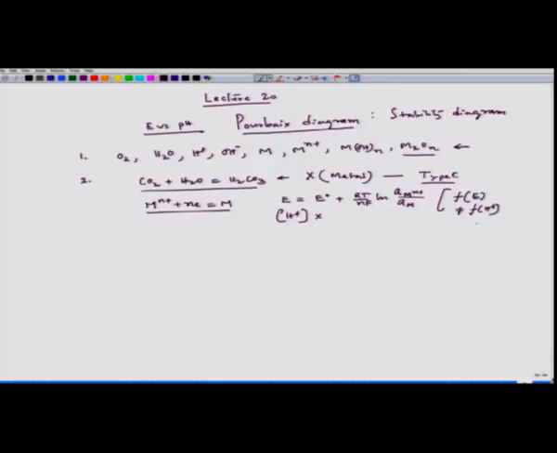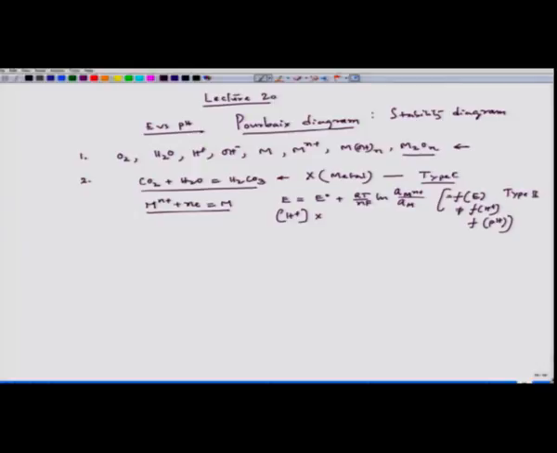So, this is a function of E, but not a function of hydrogen ion, or not a function of pH. Whenever we have hydrogen ion presence, we can express it in terms of pH. This we call type 2.